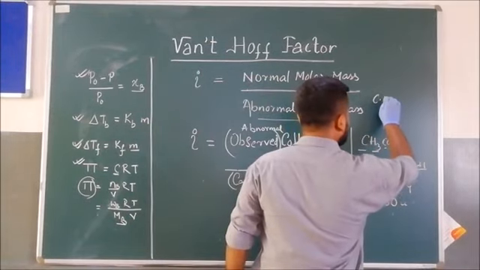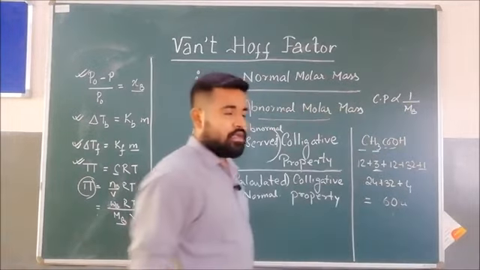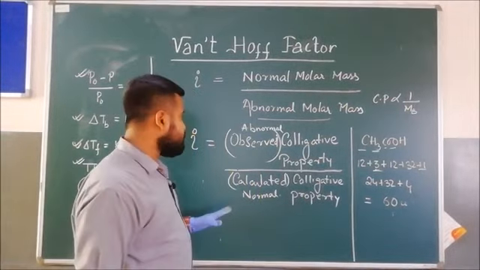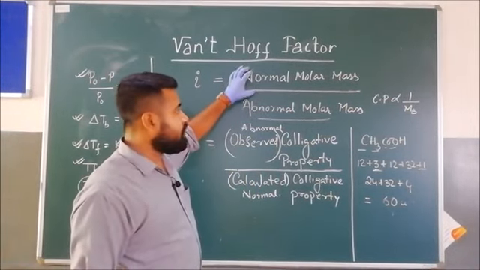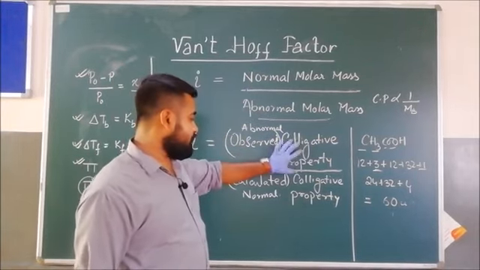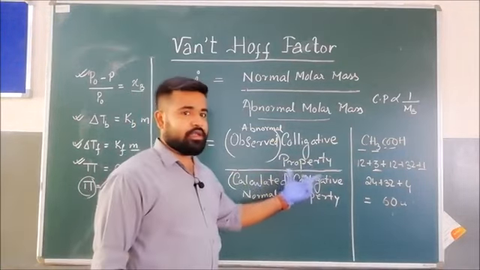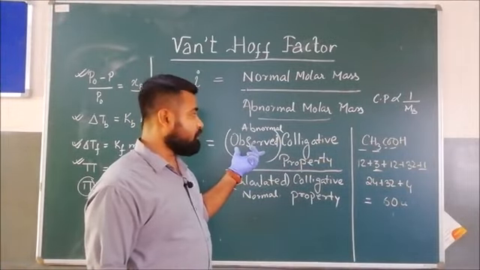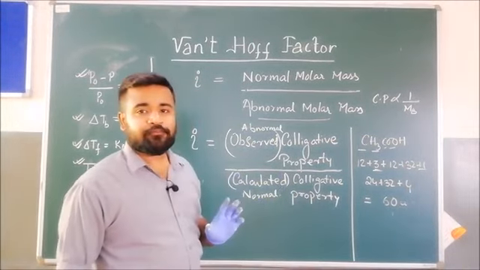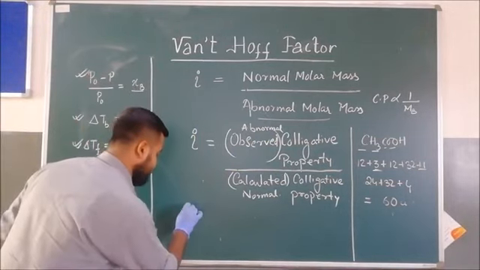Because the colligative property is inversely proportional to molar mass. That's why here we write normal molar mass by abnormal molar mass, but in this case we write abnormal colligative property by normal colligative property, or observed colligative property by calculated colligative property. Means the observed colligative property is abnormal and the calculated colligative property is normal. Clear to all? Okay.